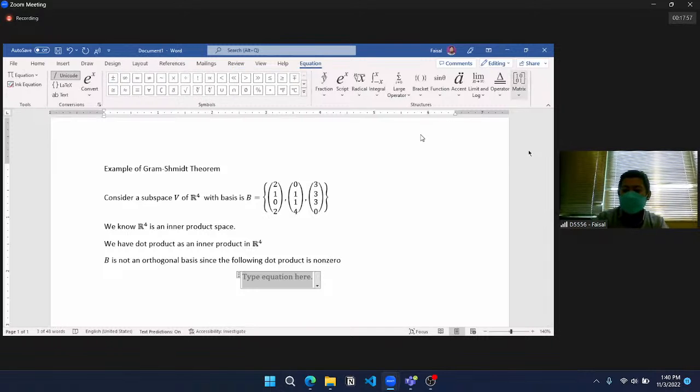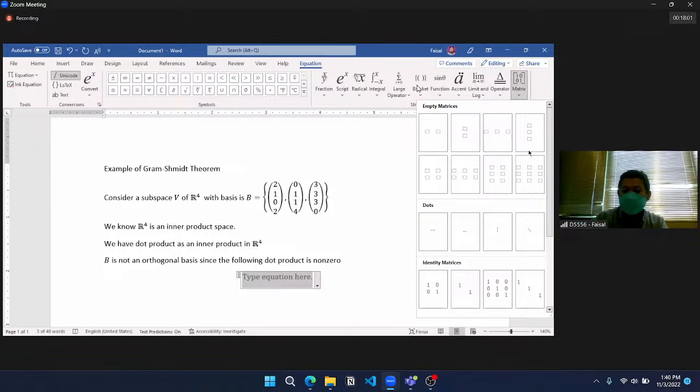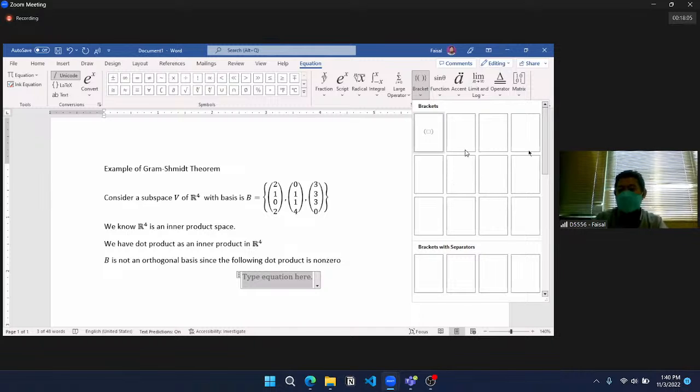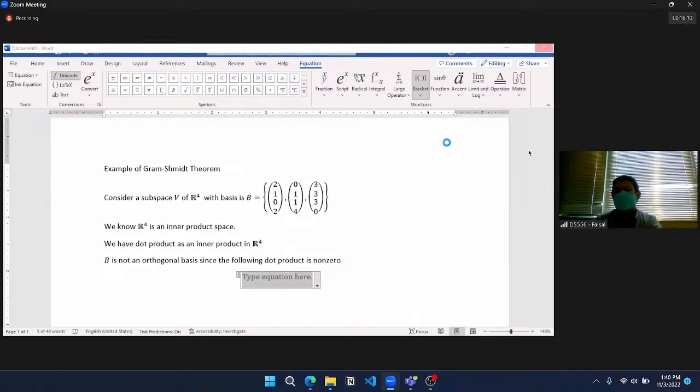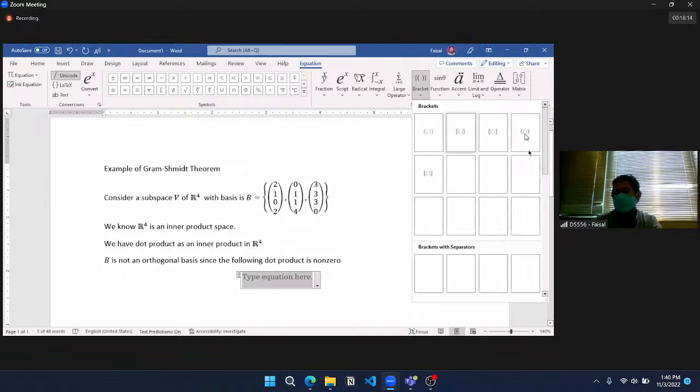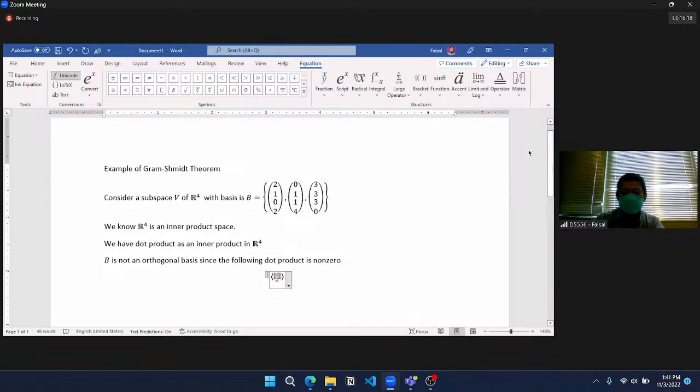The dot product between the first and the second vector: we compute it, and this is 2 times 0 plus 1 times 1 plus 0 times 1 plus 2 times 4.